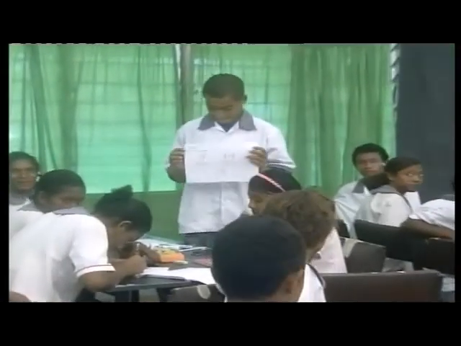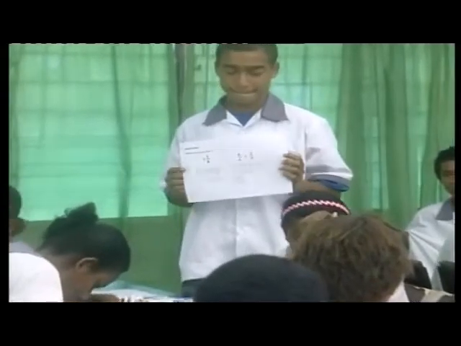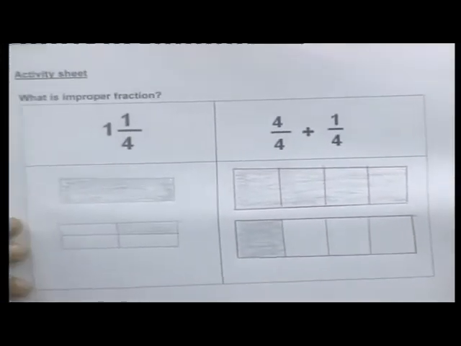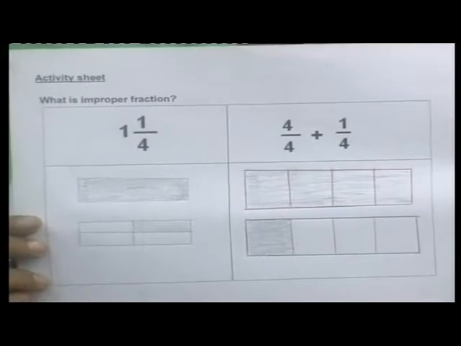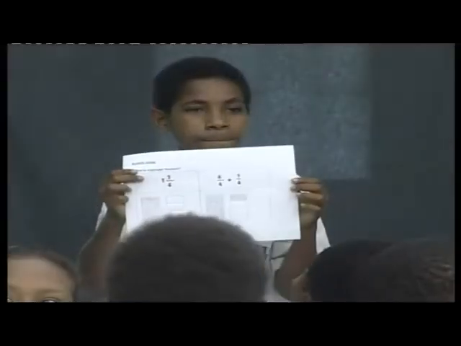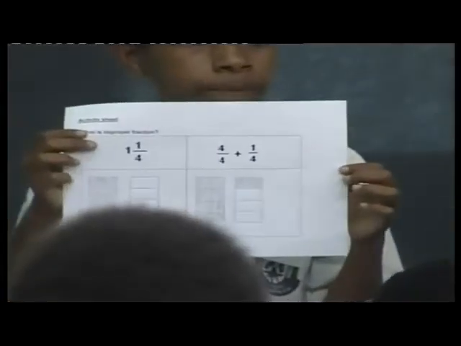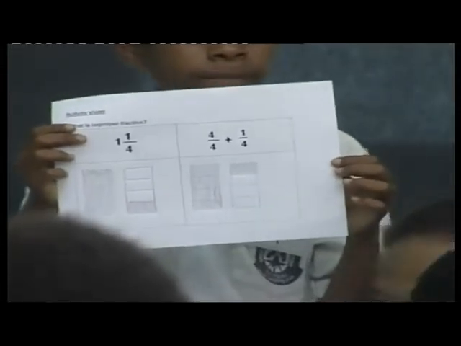Now students, the first thing, look at the two groups' diagrams. Are they correct with the diagrams? You will see that Oa's group has decided to draw their diagram downwards, vertical.